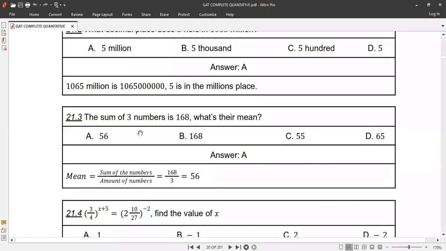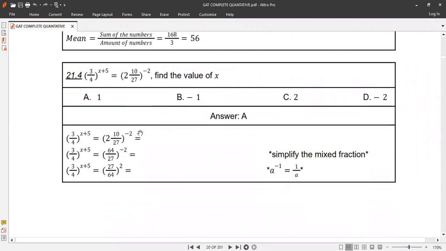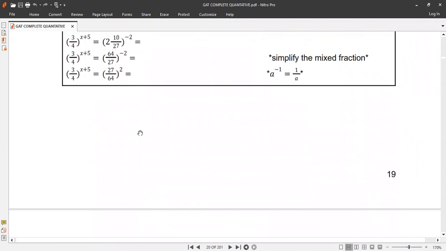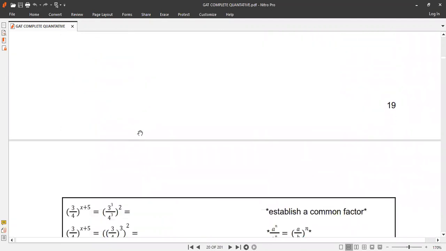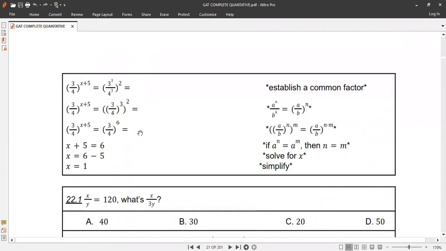Next question. This is a very easy question. It's a bit tricky. X over y equals 120.